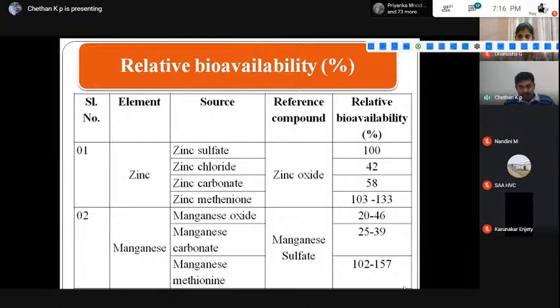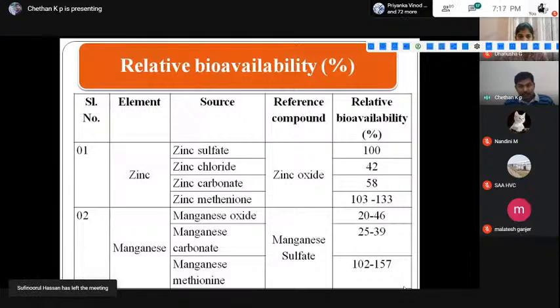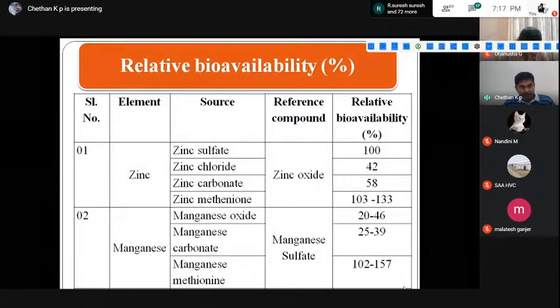If you consider that as a standard, zinc sulfate is 100% available, zinc chloride is 42% available, which means out of 100 milligrams, only 42 milligrams is absorbed and available for the animals. And zinc methionine, which is an organic source, chelated with methionine, has higher bioavailability, 103 to 133.